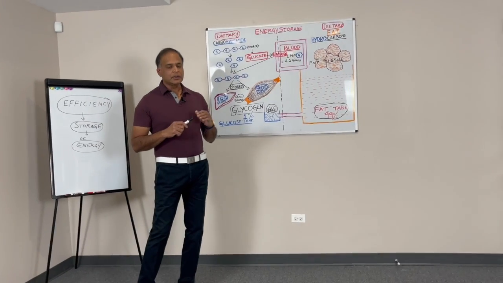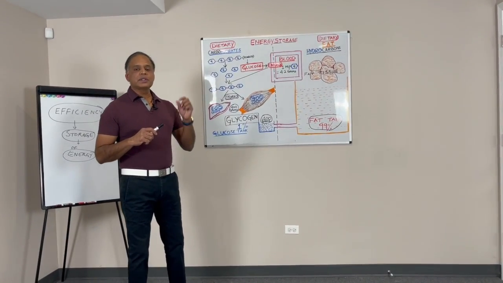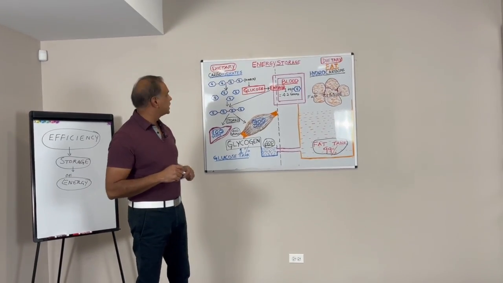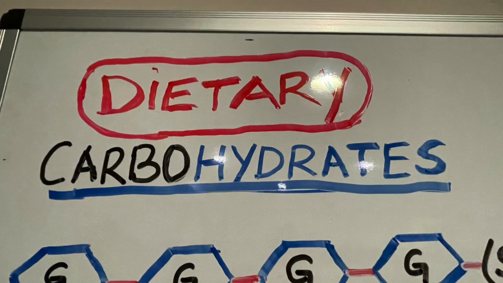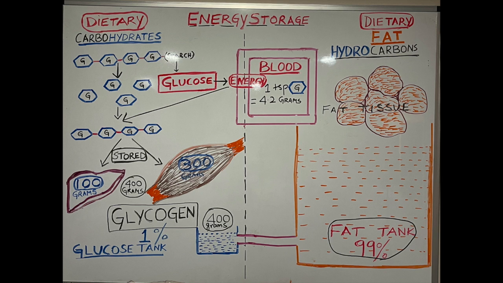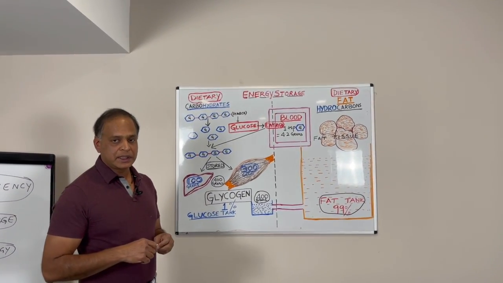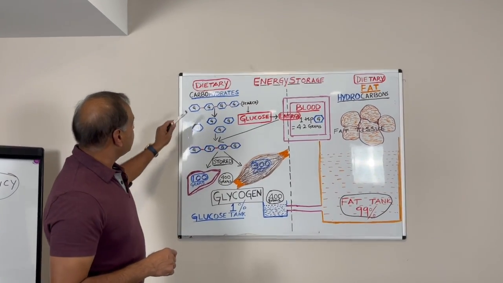If we start looking into the simple sugars that I spoke about last time, like glucose or fructose, the dietary carbohydrates that we eat, whether in the form of rice or starches like potatoes or vegetables or pastas, any kinds of complex or simple carbohydrates, are broken down.